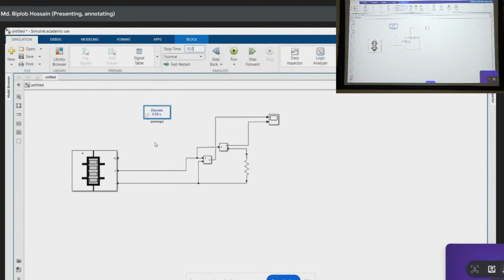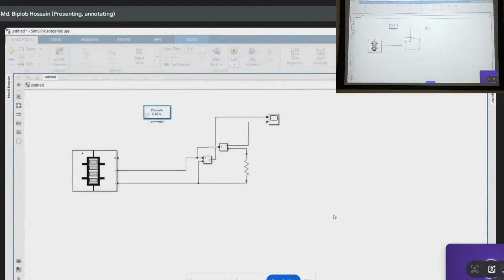So how many iterations will it have now? It is just this much divided by this value, a specific number of iterations. To cover this time, it solves this model for a specific number of iterations, not continuously. Yeah.